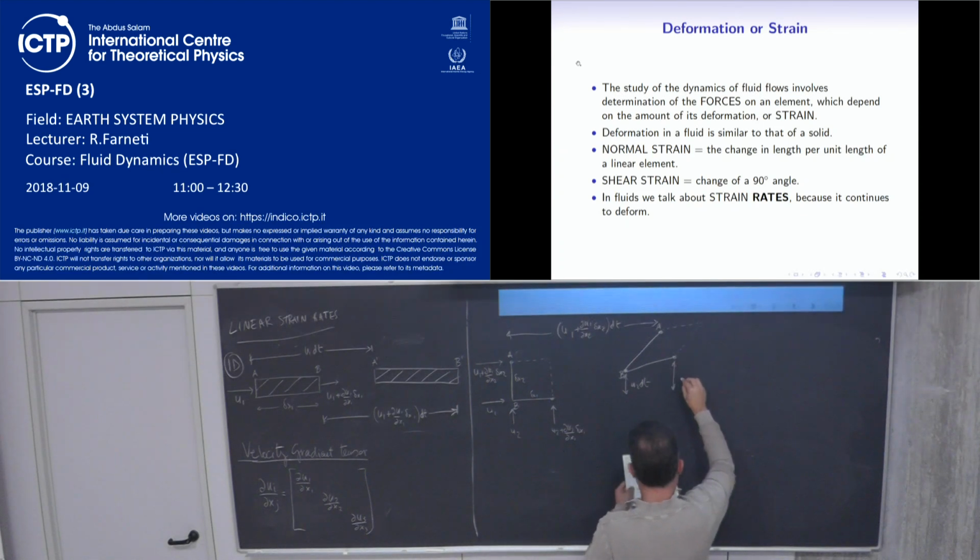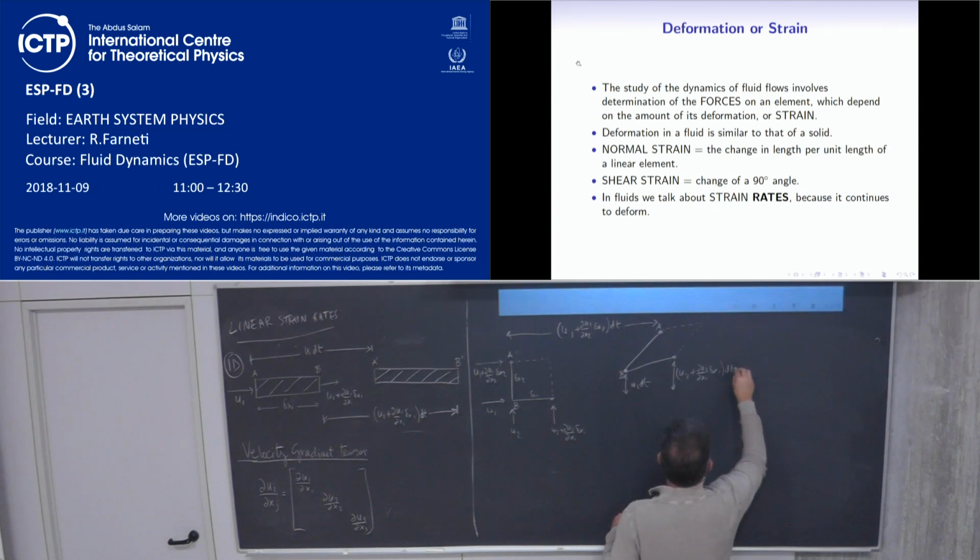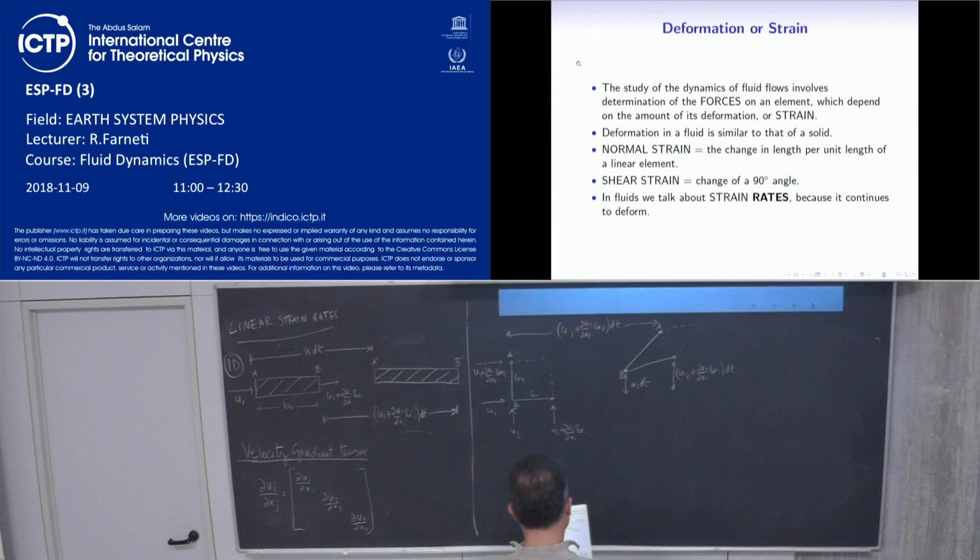And this is U2 after some time t. And then this is U1 after some dt.